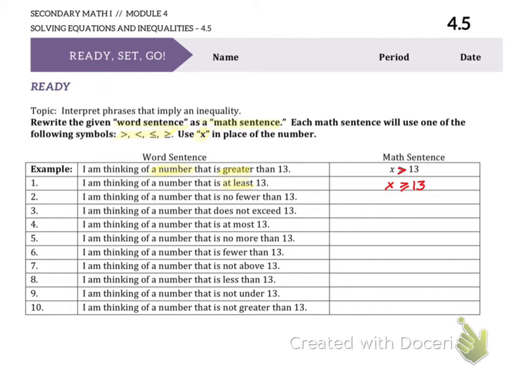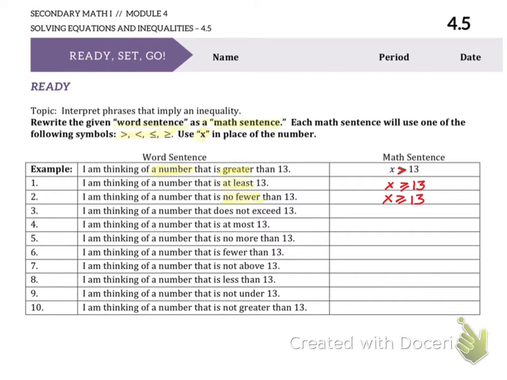Then the next expression is, I'm thinking of a number that is no fewer than 13. It means it is not supposed to be less than 13, so it could take 13 but nothing below that, and can have more values than that. So we can say x is greater than or equal to 13.